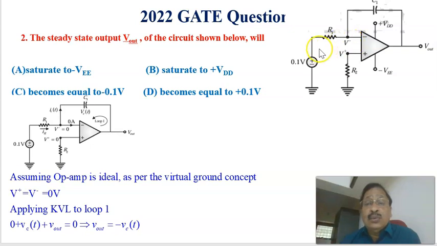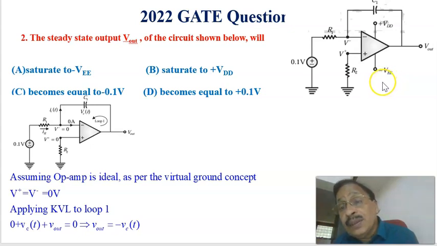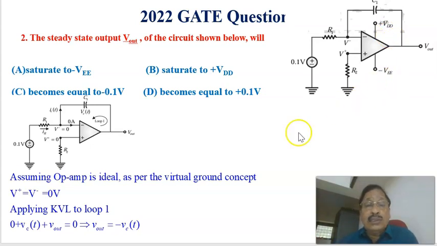To the V minus terminal we are applying an input voltage, a constant DC voltage of 0.1 volt. In the feedback circuit there is a capacitor, and the output is taken here. These are the biasing voltages, plus VDD and minus VEE.